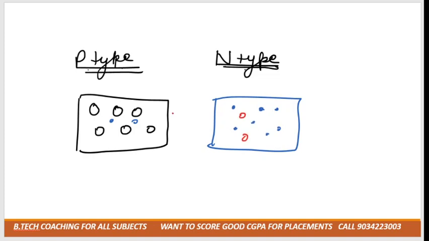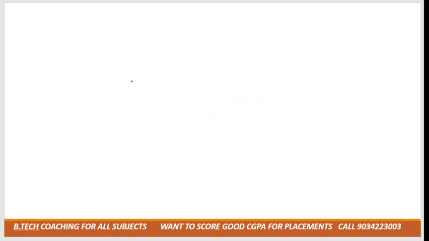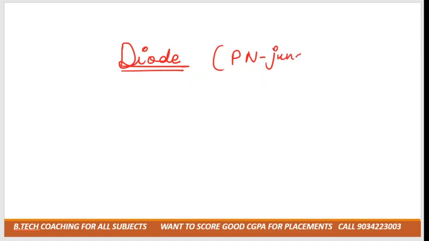So they tried to combine the p-type and n-type together. When they combined them, they formed a new device. That device is known as a diode. Its other name is the pn junction diode.